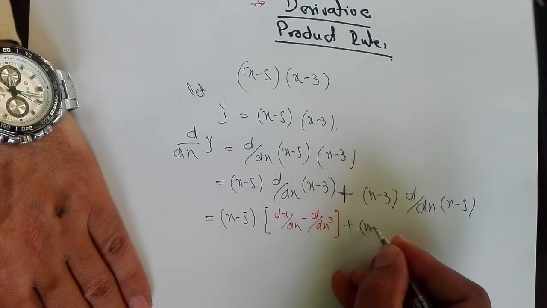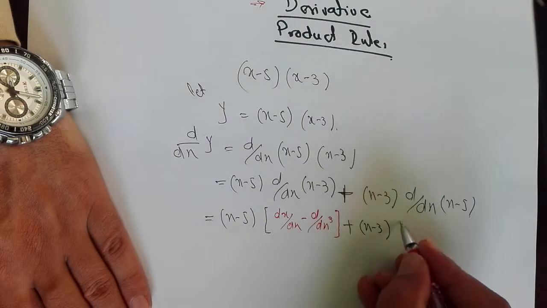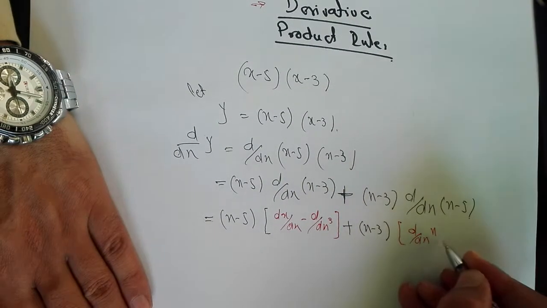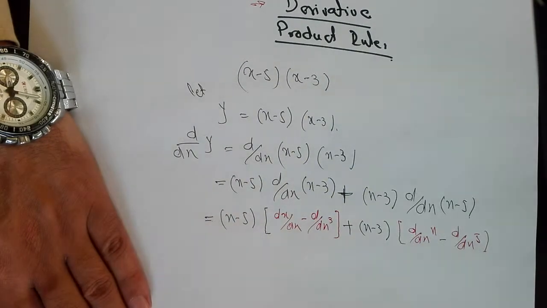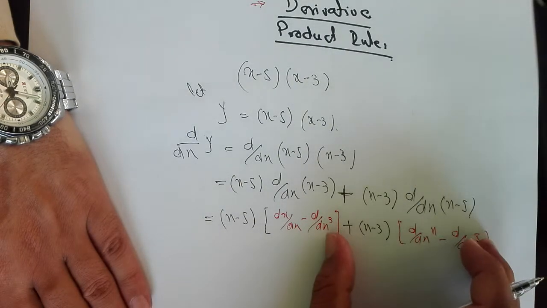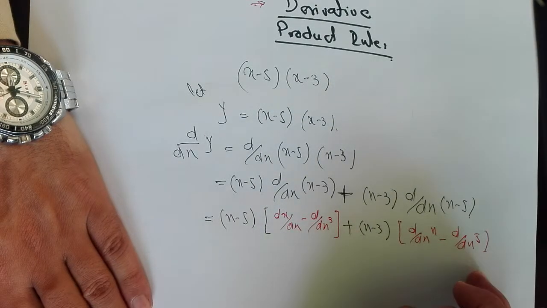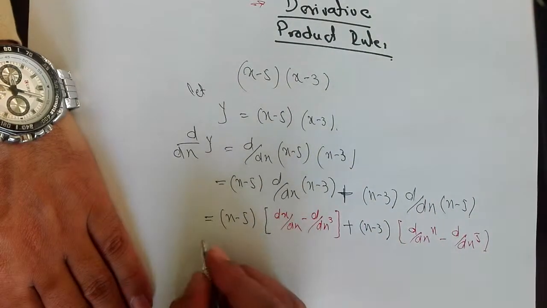I write x minus 3 the same, and taking the derivative of this one, here I have d over dx of x minus d over dx of 5. Only in this question I will write 5 and 3. In the next videos I will write 0 straightforward instead of 5 and 3, because 3 and 5 are constant numbers, and the derivative of a constant number is equal to 0.